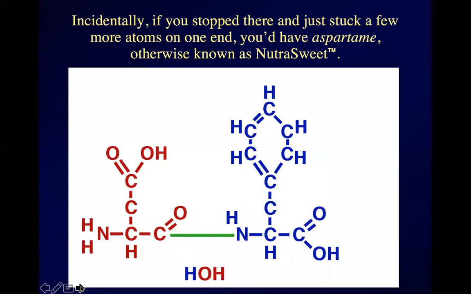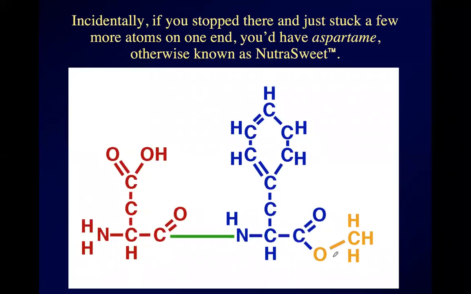Incidentally, if you'd stopped there and stuck a couple more atoms on one end and replaced them with this right here, a group of carbons and hydrogens, you would have a chemical called aspartame, better known as NutraSweet, one of the best known no-calorie sweeteners, the active ingredient in Diet Coke and a lot of other soft drinks.